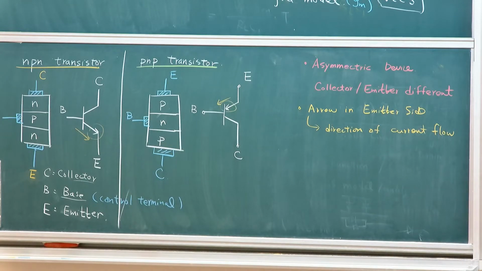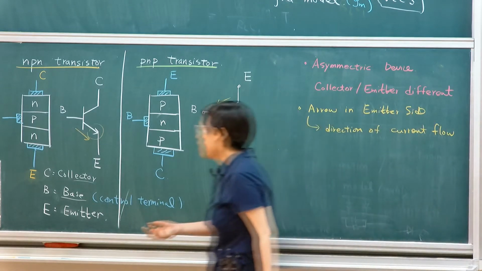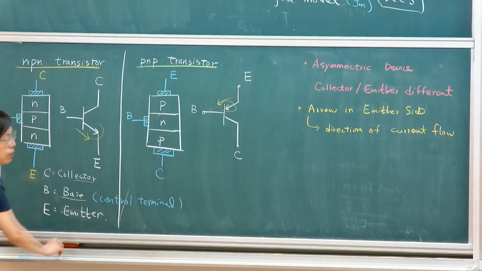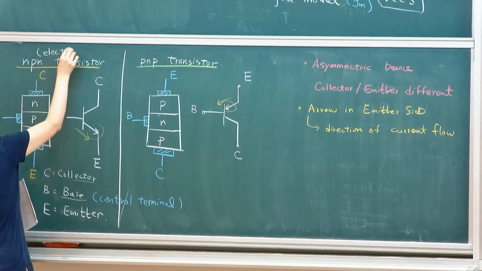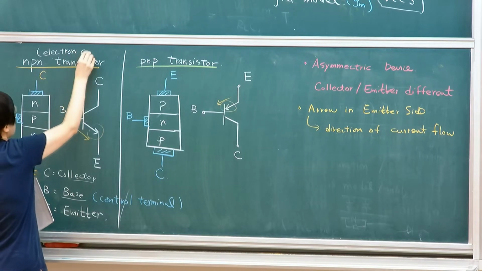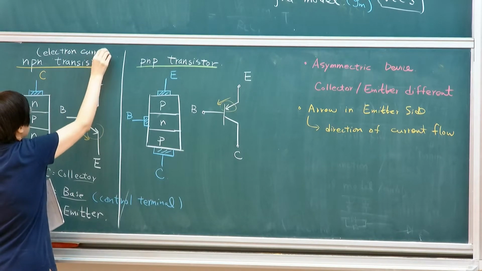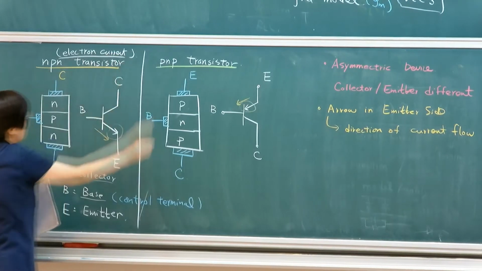So what are the main characteristics? Of course, a bipolar junction transistor is actually a more complicated device, if you ask me, because it has two types of current. It has electron current and hole current. But for an NPN transistor, you want to control mostly electron current. So this is for the control of electrons, even though they have hole current, but the main component is electron current.